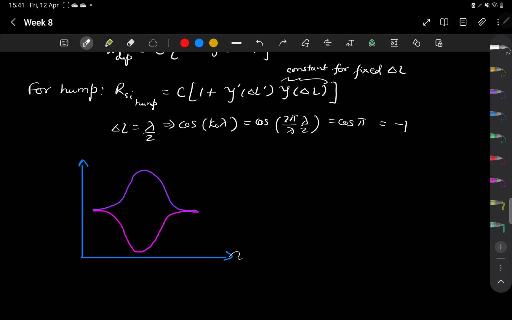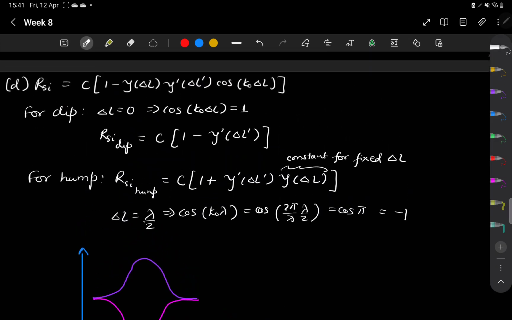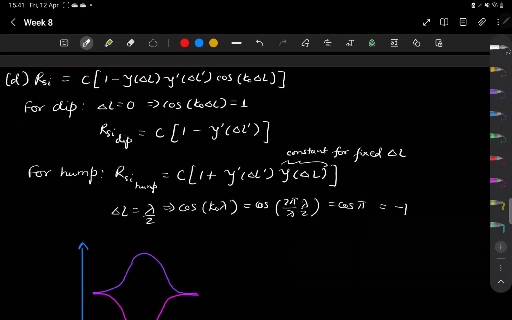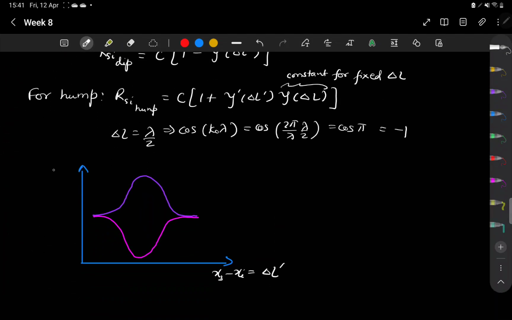The x-axis is xs minus xi, which is delta L prime for xp equals 0, and here it is RSI. This is the case for the hump, this is the case for the dip.